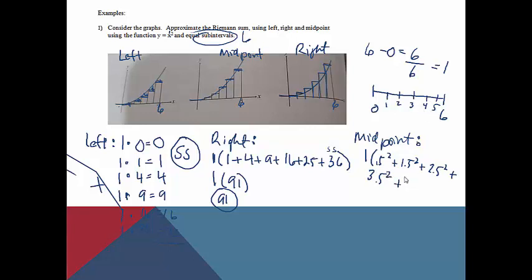And then between 4 and 5, 4.5 would be the midpoint. And then we'll square it to get the height. And then between 5 and 6, 5.5 would be the midpoint. And then we'd square it, and then we'd get our answer. Just give me a second here to find out what that is.